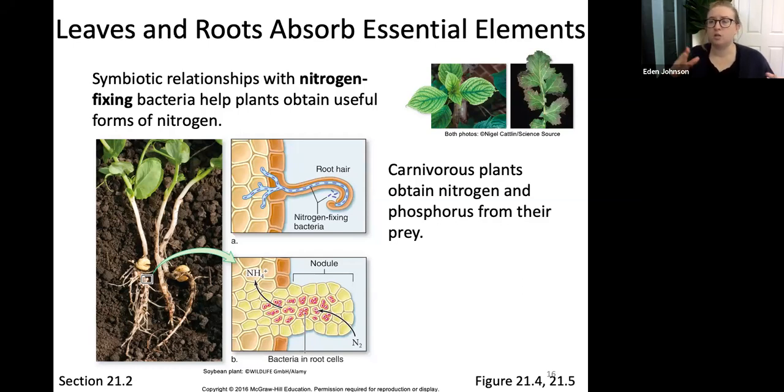farmers will rotate their crops. So you'll have corn and cotton and corn and cotton, or corn and soybean and corn and soybean, things like that. Because cotton and soybeans have these nitrogen fixing bacteria, which will take up nitrogen gas from the soil.